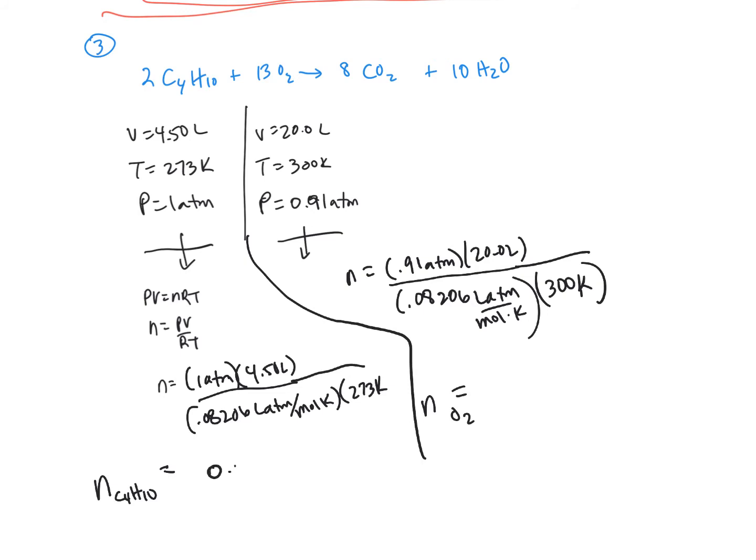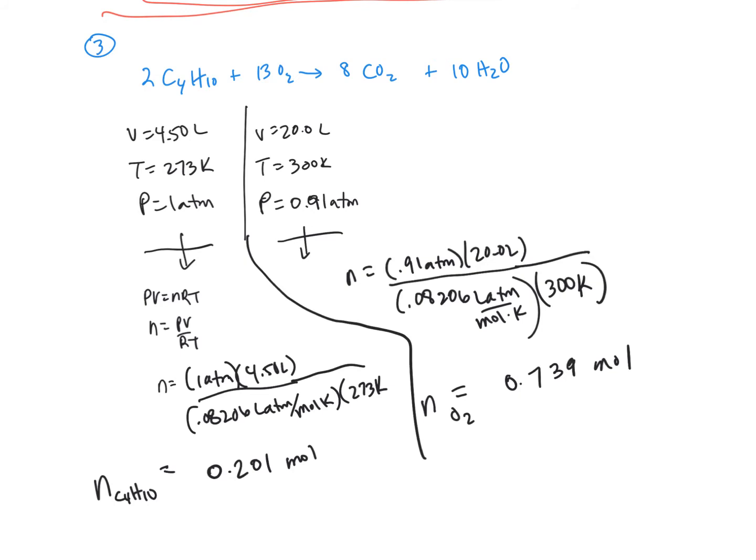So this is going to be 0.201 moles of butane. And the oxygen would be 0.91 times 20 divided by 0.08206 and divided by 300. So we've got 0.739 moles of the oxygen.